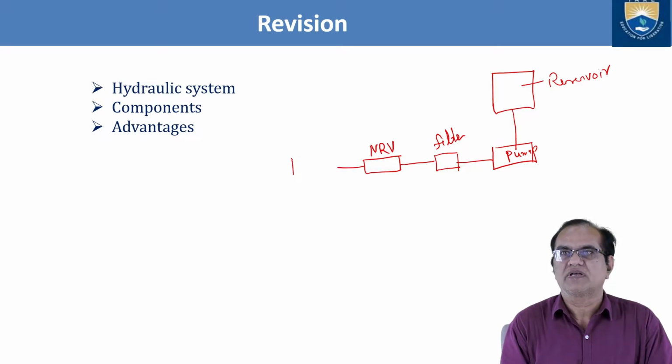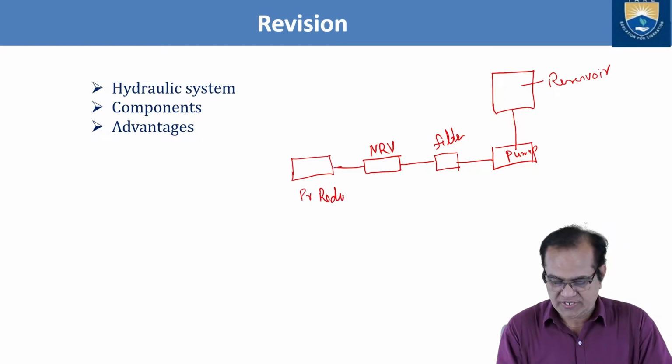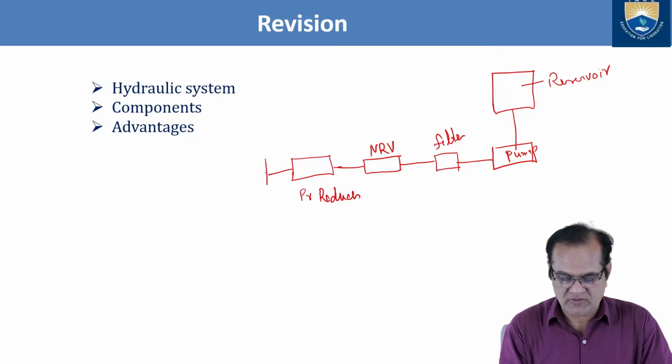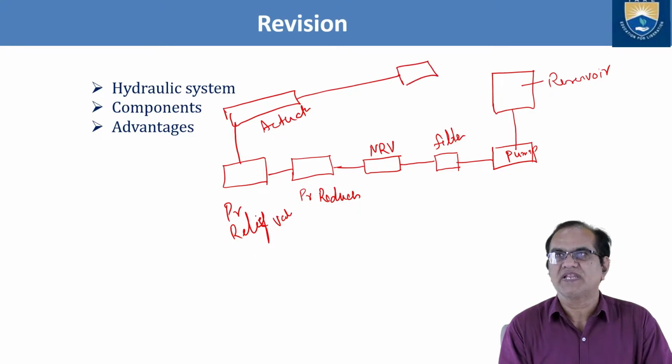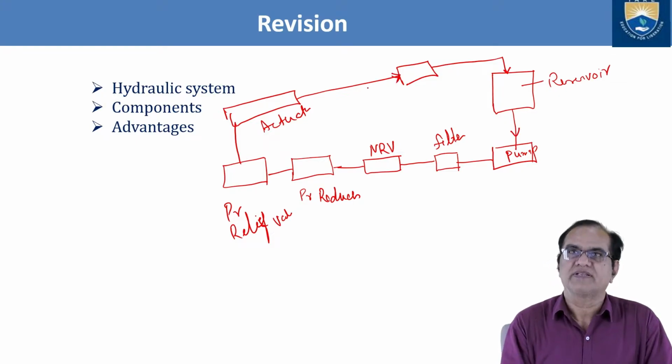Then you will go to the pressure reducer, then the pressure relief valve, and from here you will go to the actuator. From the actuator it will go to the filter again, and this is the return line. This is the direction, this is the return line, and this is the actuator.